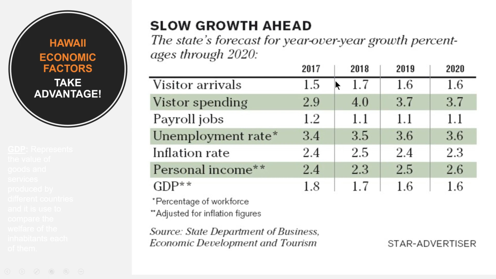But here's an advantage. Our visitors are going to spend a lot more money in 2018, it's projected, than in 2019 and 20. We also know that personal income is going to be increasing, but it's increasing because of inflation. So for us, things are going to continue to increase and inflation is going to increase, but potentially our personal income is not going to increase at the same rate as inflation.